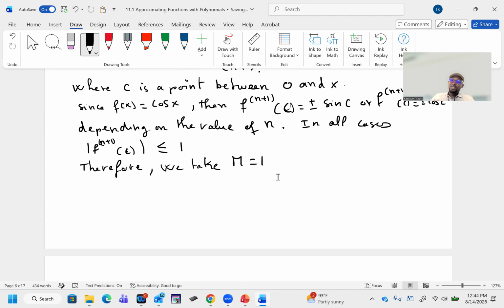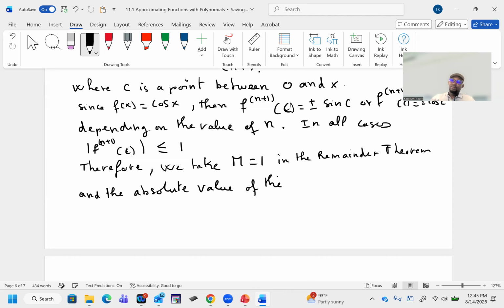Okay? So if we take M is equal to 1, then the absolute value of the remainder can be bounded as what?